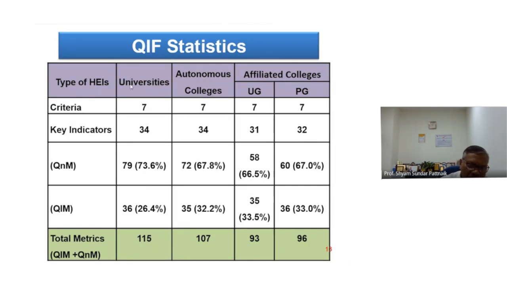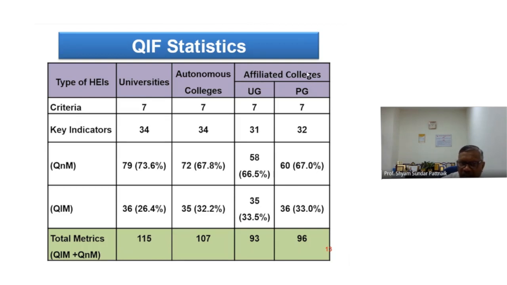If you are in a university system, then you will be graded under this category. If you are in the autonomous colleges, then you will have 34 key indicators. Your quantitative matrix will be 72, qualitative matrix will be 35. Again, if it is the affiliated colleges, then UG and PG are under a different category.